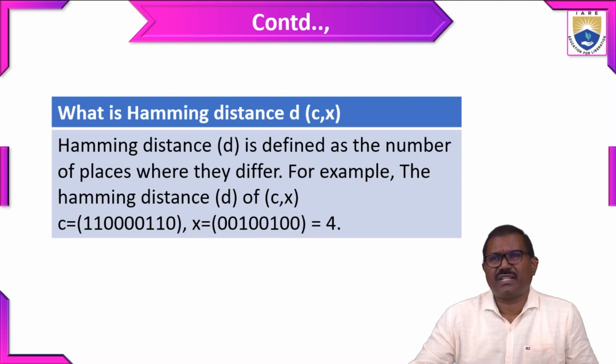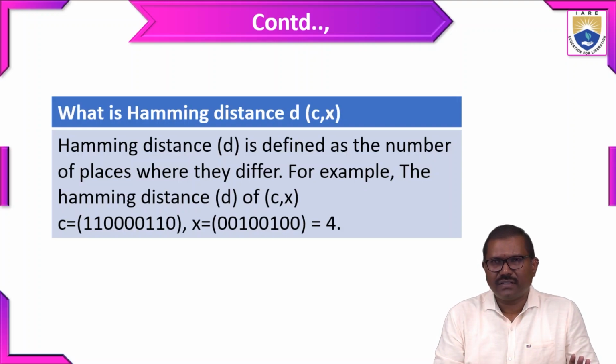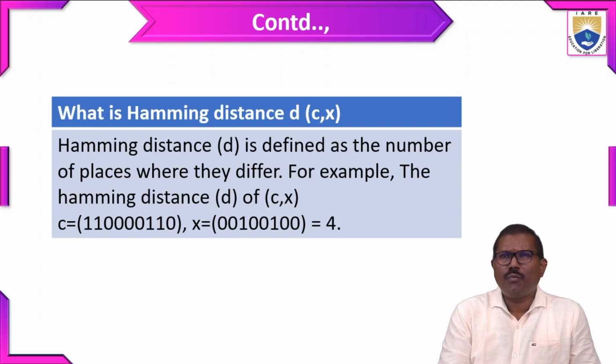What is the Hamming distance, D? Hamming distance D is defined as the number of places where they differ. For example, the Hamming distance D of C of x. 2 vectors or 2 codes are considered. So out of these 2 codes, how many places differ?